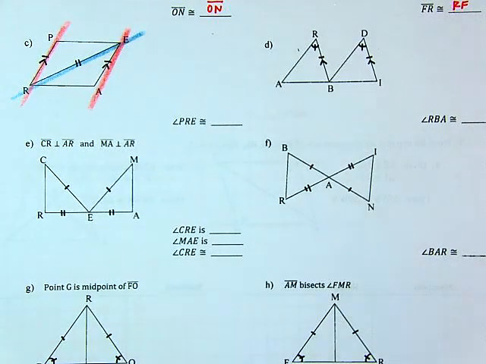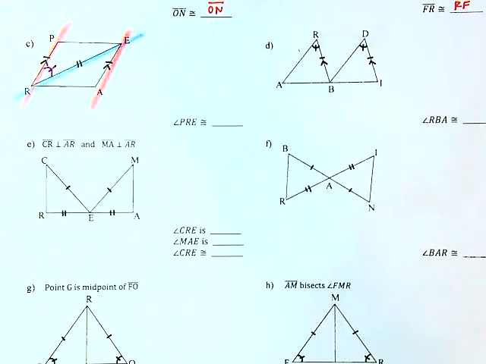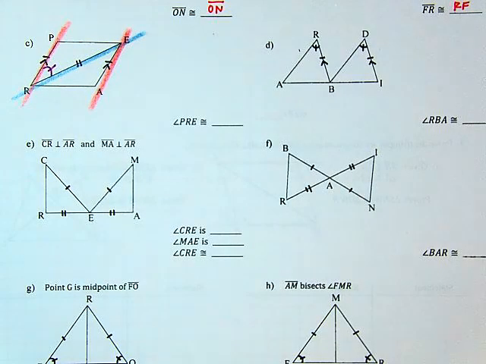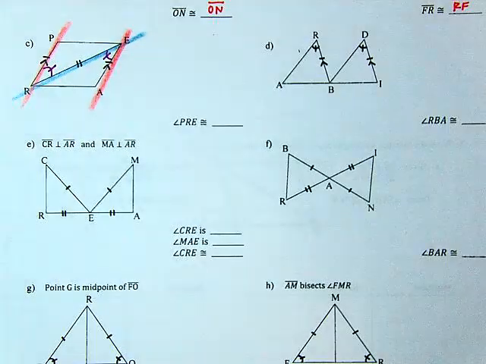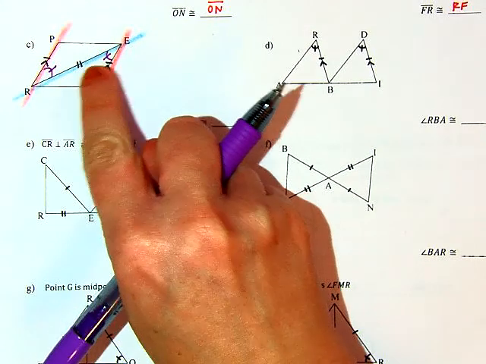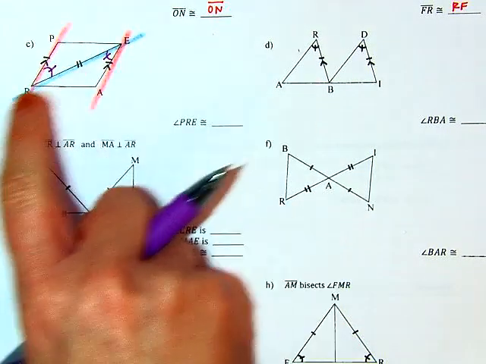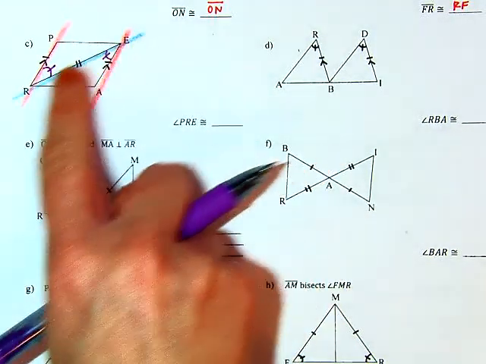So if I'm trying to link up angle PRE, I would link it up to its alternate interior angle right here. And then I would have my two congruent angles here and here. So if I name the first one PRE, the second one would be AER.